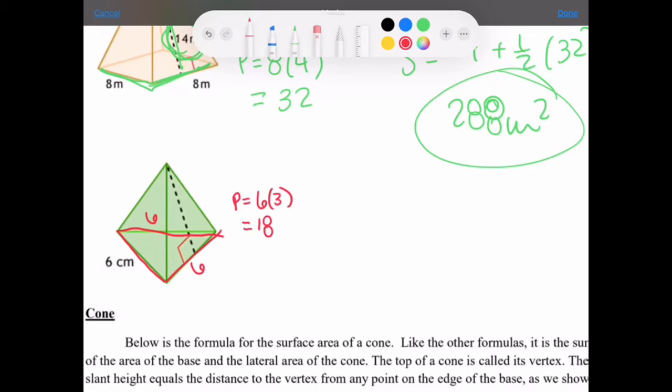Next, we are looking at the area of the base. Base equals base times height divided by 2 of that shape. The only thing is we don't know the height of this triangle, so we have to figure that out.